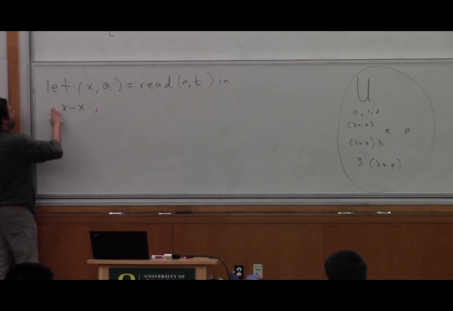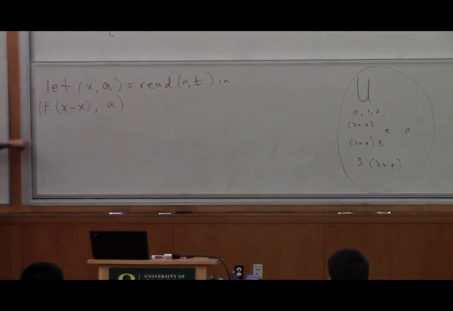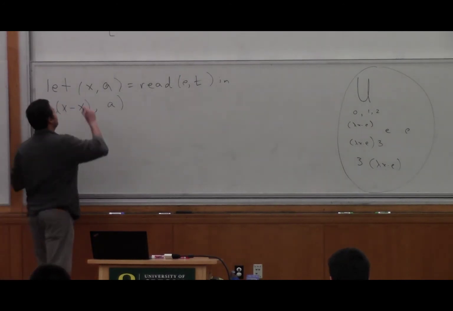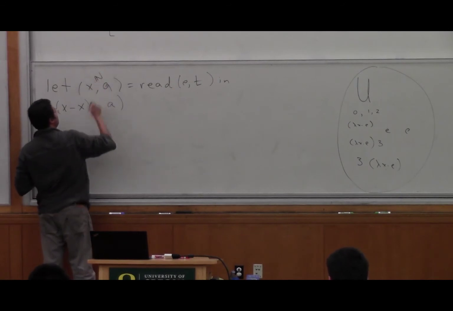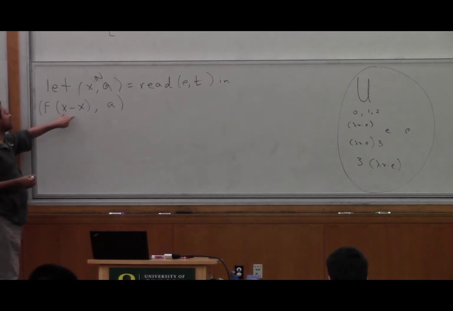We'll call it f of that, because this is a number, along with a. And by the properties of arithmetic, we'll be able to conclude that, oh yes, x minus x is equal to 0.